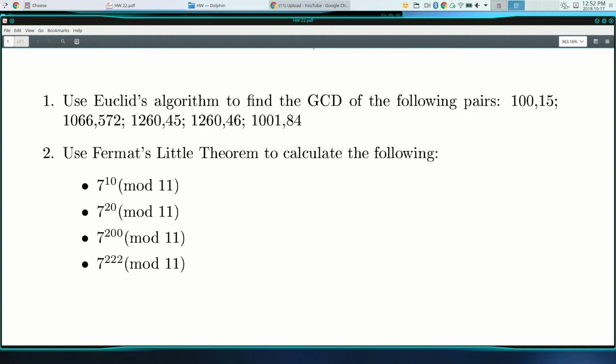So this equals the remaining zero. 1260 and 45, yeah. 18 is the remainder. 27, yeah.